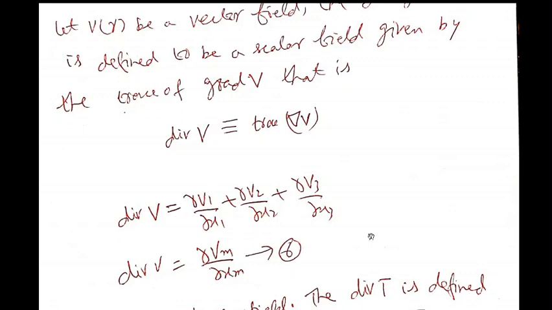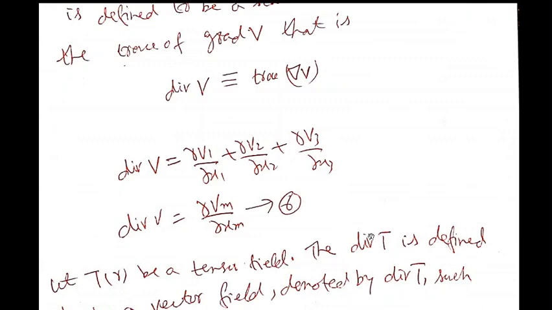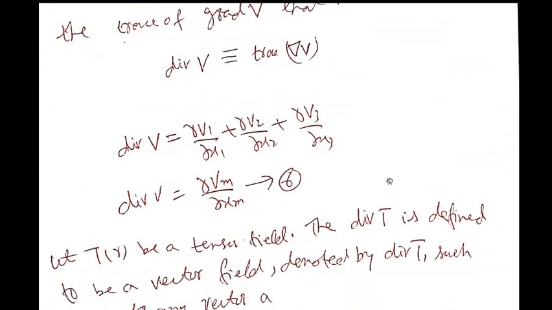Now, what are we expecting? We are expecting that the divergence of T should be a vector.